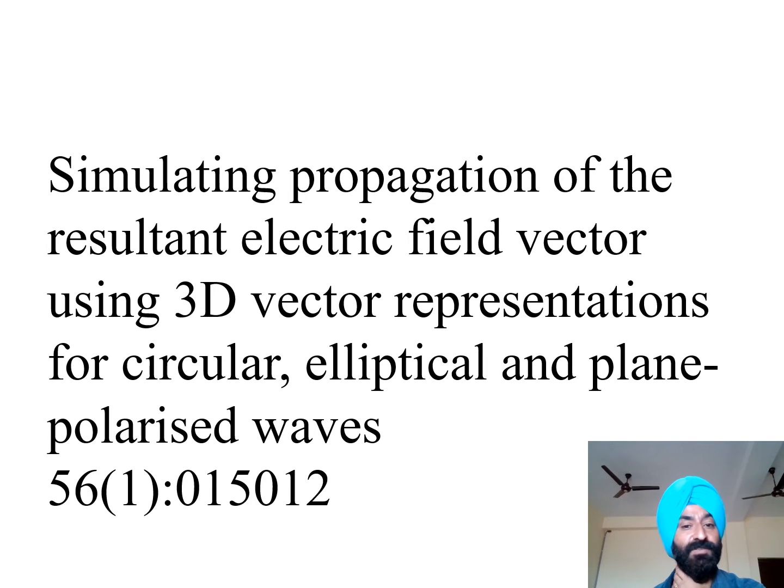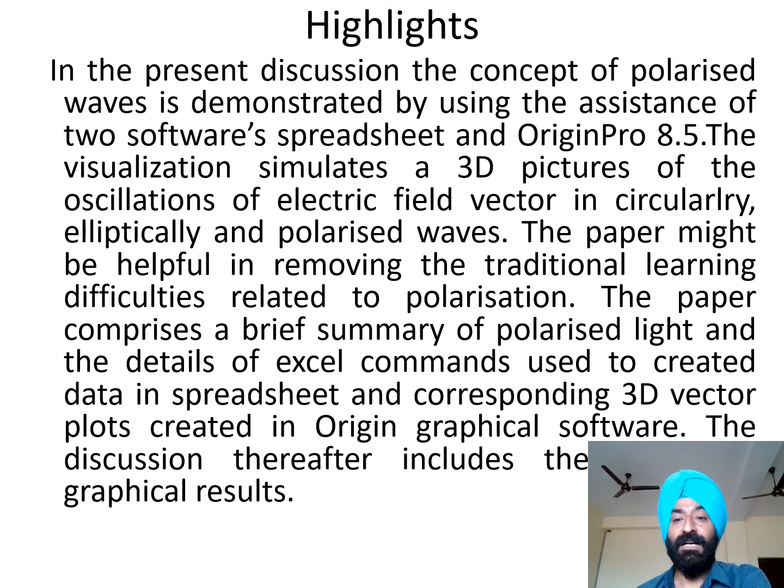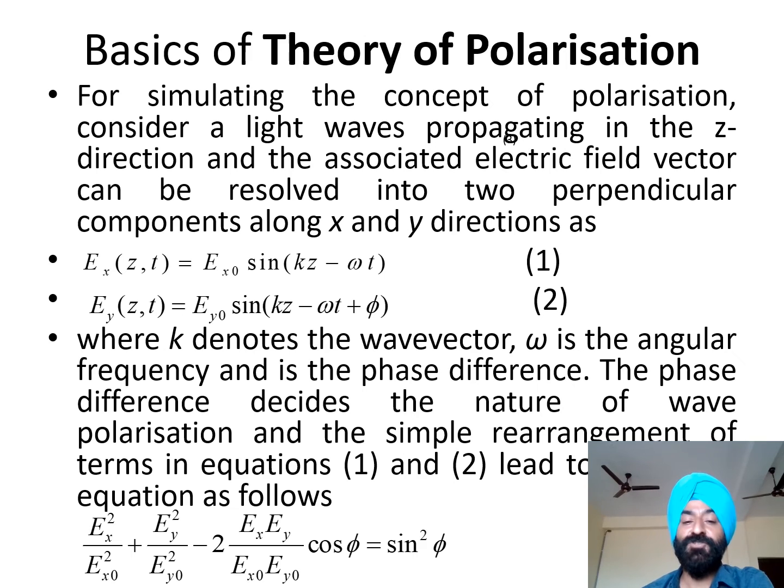Then next we have simulating the propagation of a resultant electric field vector using the 3D representation for circular, elliptical, and plane polarization waves. We can check here circular polarization, elliptical polarization, plane polarization, and we can visualize the 3D picturization using another software.